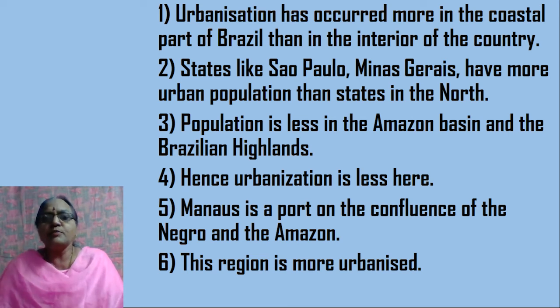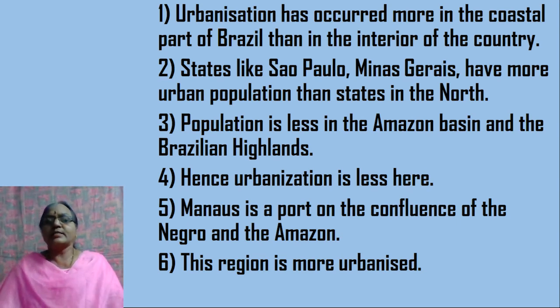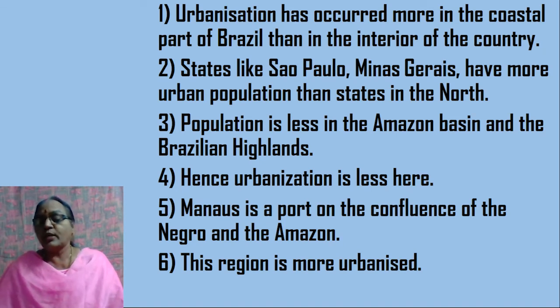Now let's come to the explanation of why the population is more along the coastal regions than in the interior. If you remember what we had done in the previous session, we had discussed why urbanization has occurred along the coastal regions. These were the regions where European settlers like the Portuguese had first landed.